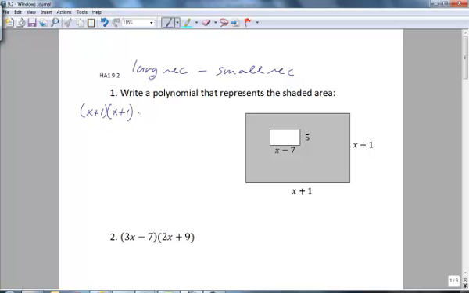We're going to subtract from that the area of the smaller rectangle. So the base is x minus 7 and the height is 5. Okay, so we were supposed to write a polynomial that represents the shaded area. So in order to do that, we are going to have to go ahead and multiply the two factors that we have here in each term.